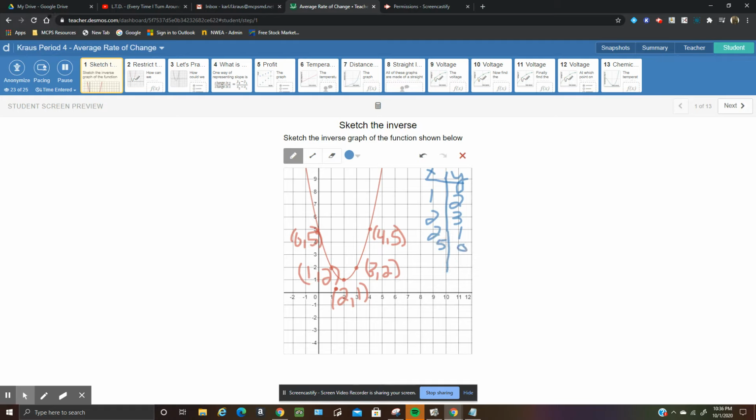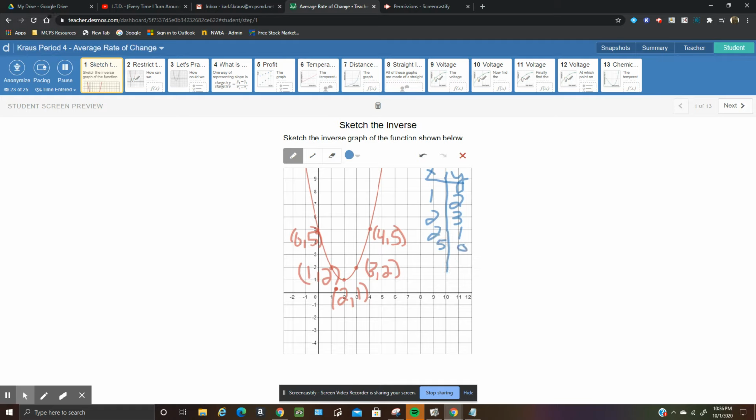So let me go ahead and plot these. 1, 2 is right here. And then 2, 3 is right here. I don't know why it's not plotting a dot. 2, 1, this one. 5, 0.